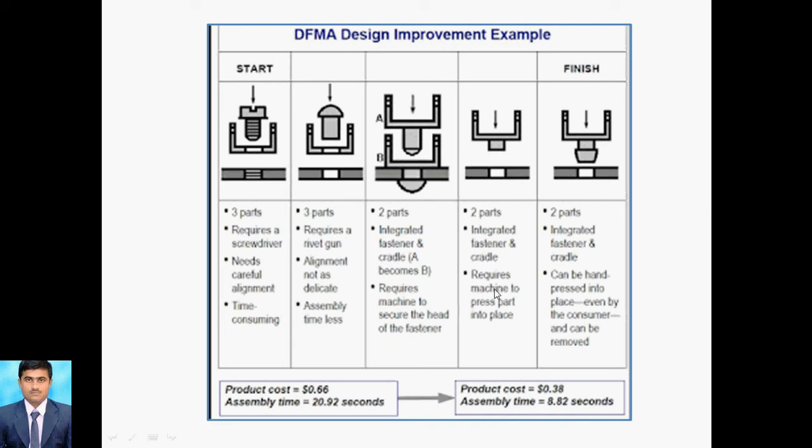The next option requires a press fit only, so we can directly place it, but there will be a chance of this part failing. So next we analyze this concept, and then we can go for this part. Two parts will be available, we can only press it, and this component will be self-aligning.